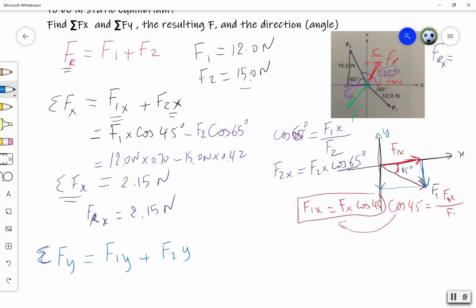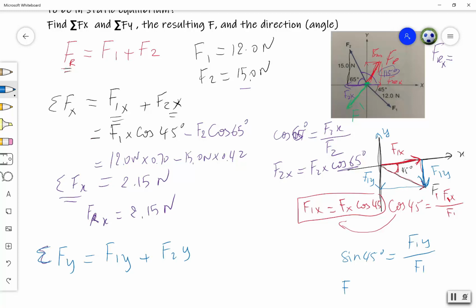If I take this F1y, it's the same as this one. If I take the sine of 45 degrees, it equals the opposite, F1y, over the hypotenuse, which is F1.